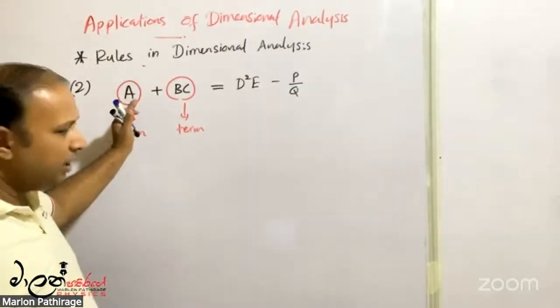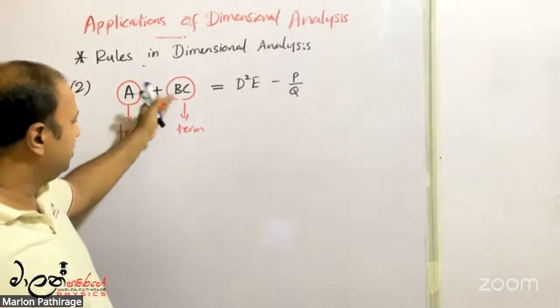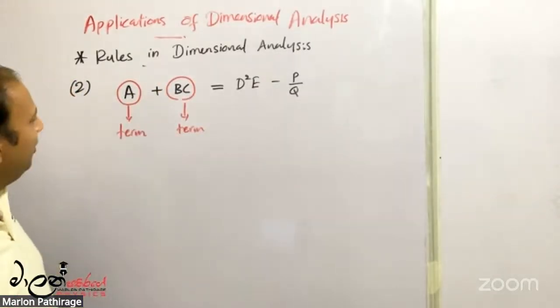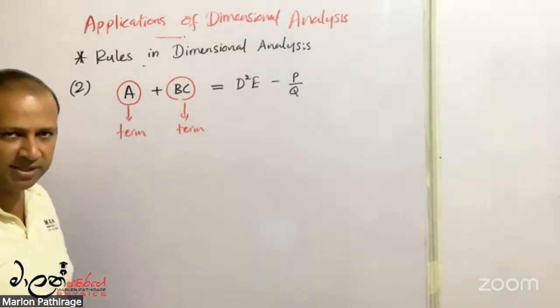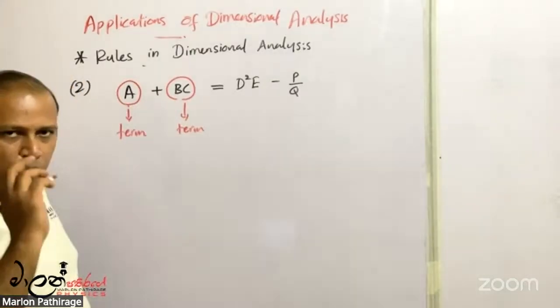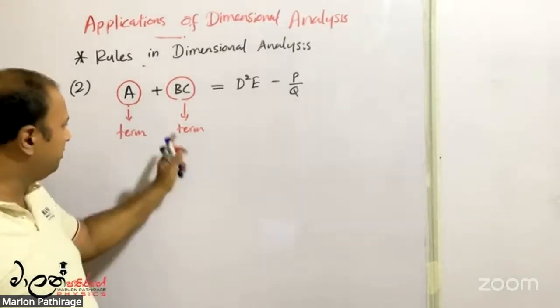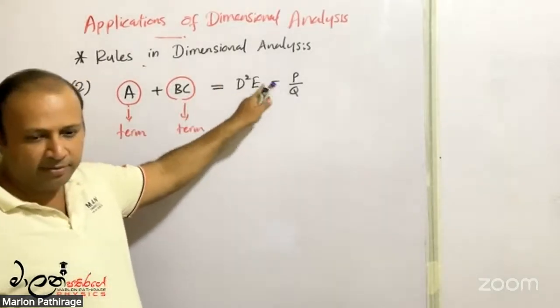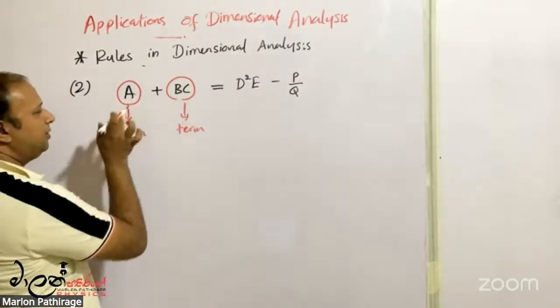If two physical quantities, or two expressions, are separated by addition or subtraction, this one is called a term.